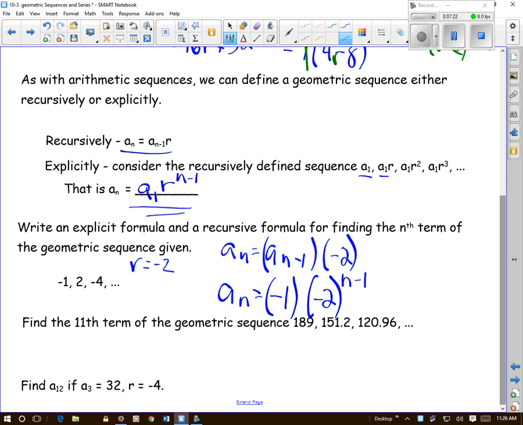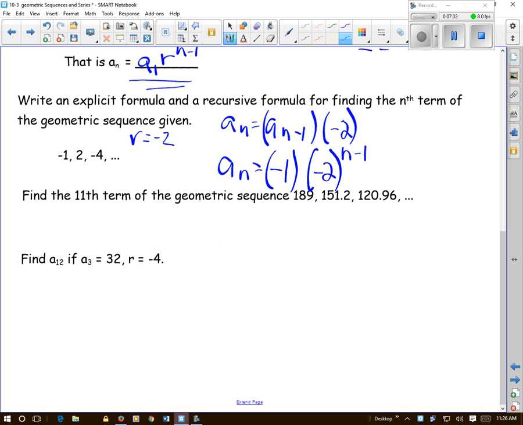So there's the explicit formula. So we can use that idea to find the answers to these questions.